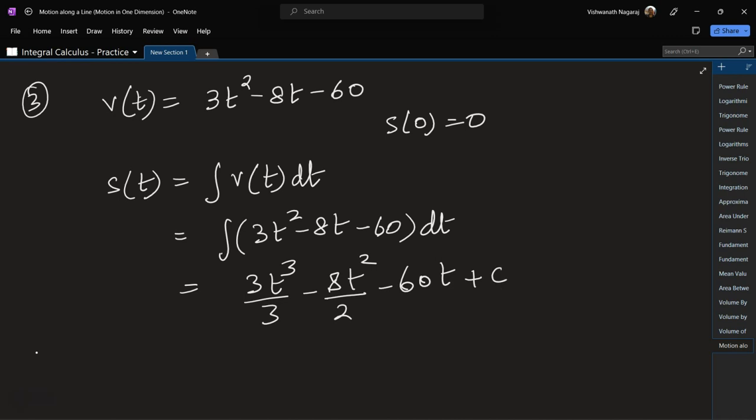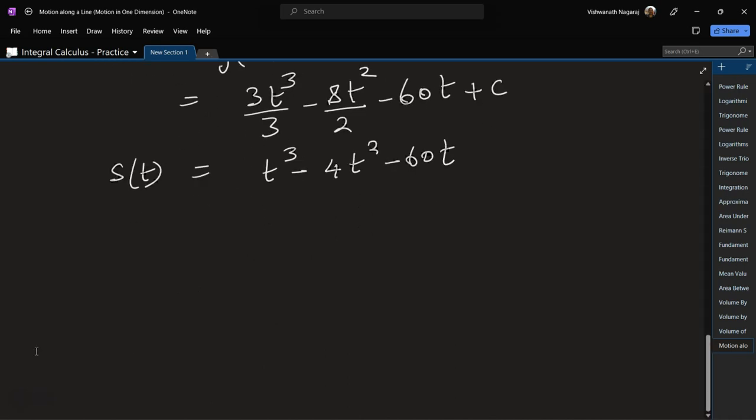Now s of 0 is 0, so all the t's will become 0, which means c will be equal to 0, which means t cube minus 4t square minus 60t plus 0. That is what the displacement would be.